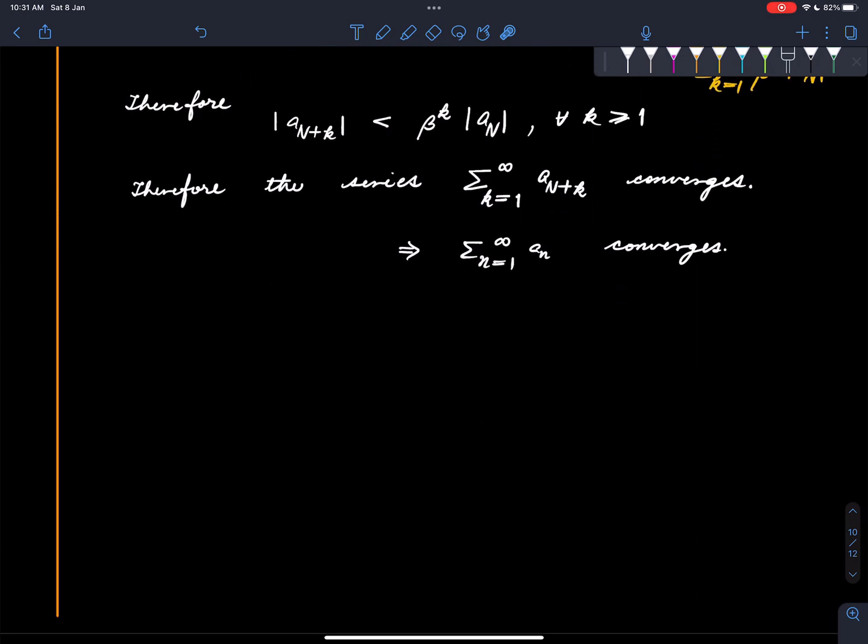Now let us do the proof of 2. 2 is very simple.